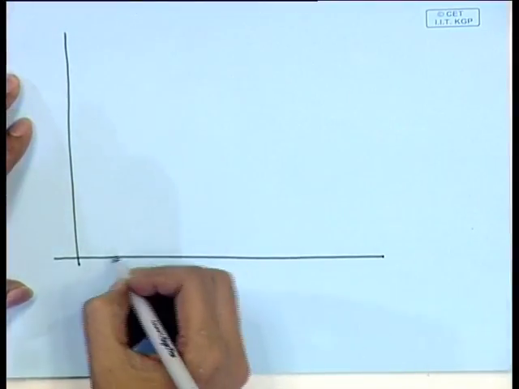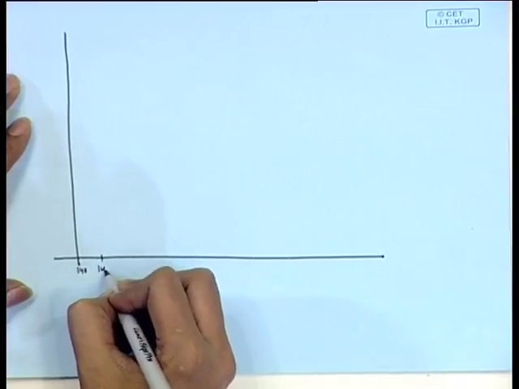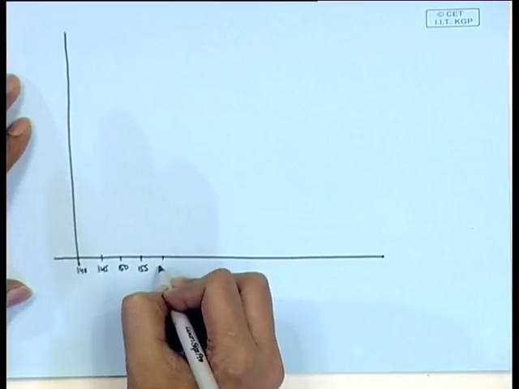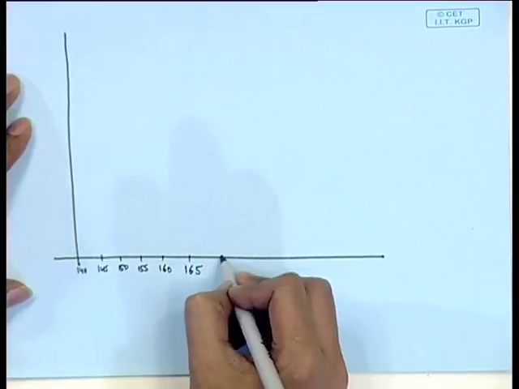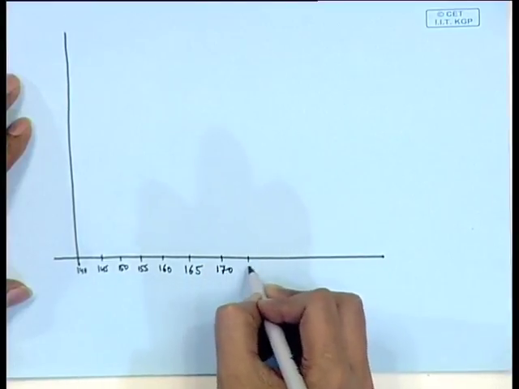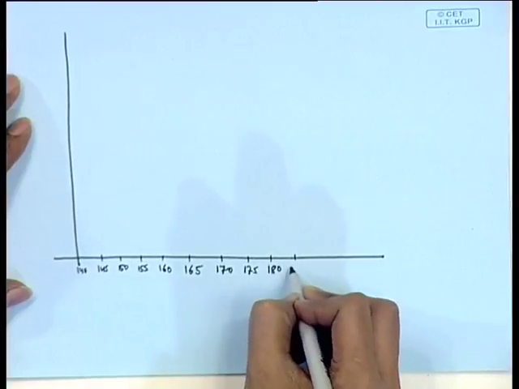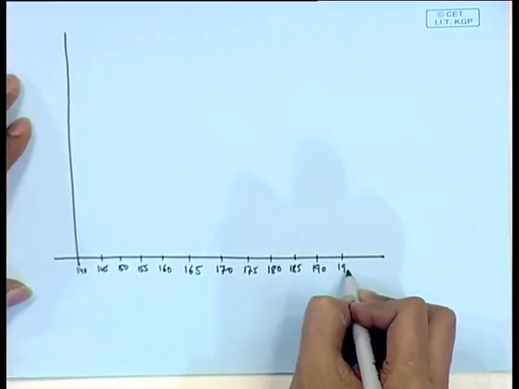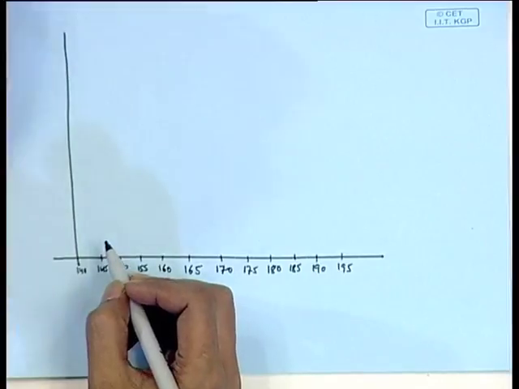so we have say 140 to 145, 150, 155, 160, 165, 170, 175, 180, 185, 190, 195. So, here we have to make the scale first.